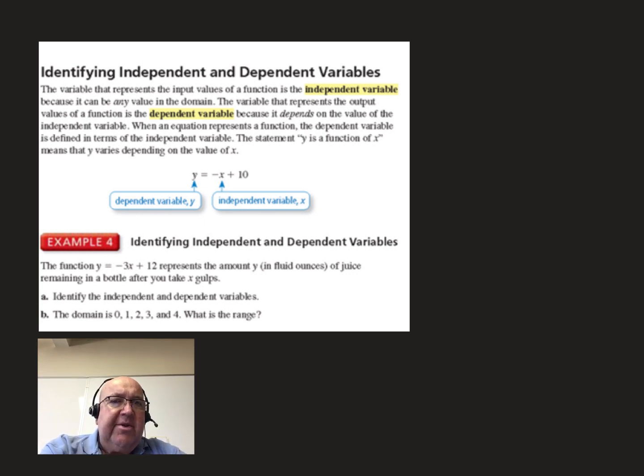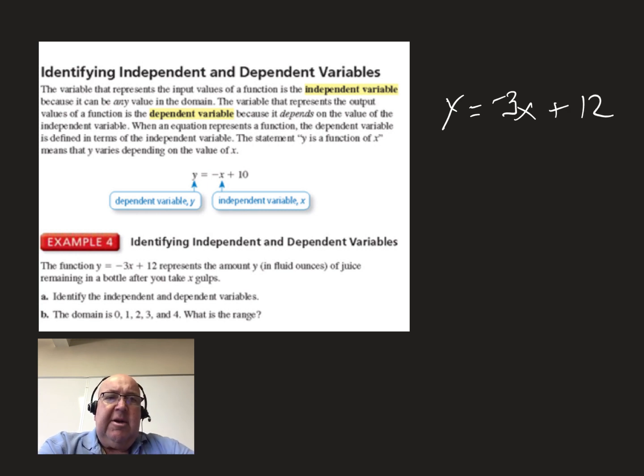So we look at the function y equals negative 3x plus 12, and that represents the number of fluid ounces in a bottle of juice after you've taken x number of gulps. So I'm going to write that here, y equals negative 3x plus 12. Identify the independent and dependent variables.